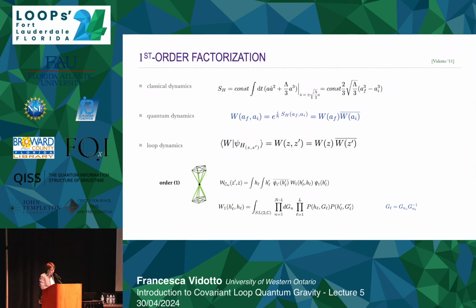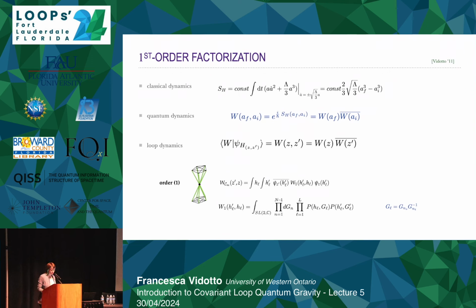Remember, I told you that this 5-valent graph can represent a regular discretization of the 3-sphere. So suppose I want to go from one 3-sphere to another 3-sphere. In the first order, I have just one vertex, and the amplitude factorizes into the probability to go from one geometry into nothing, and from nothing into a given geometry.